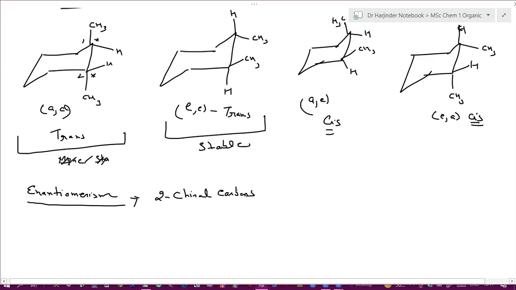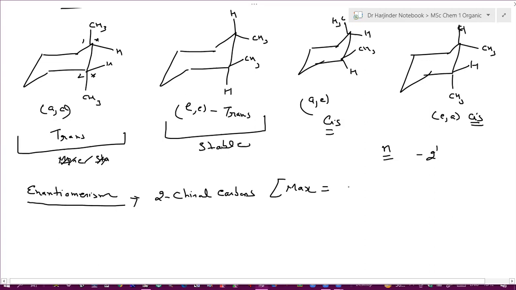So how many possible stereoisomers will be there when you have two chiral carbons? If you have n number of chiral carbons, then the maximum number of stereoisomers is 2 raised to the power n.